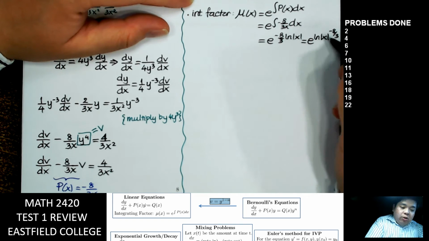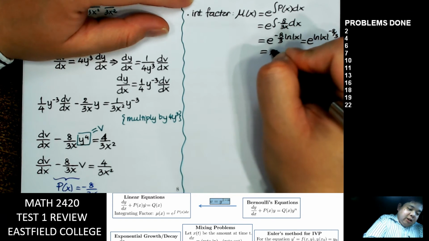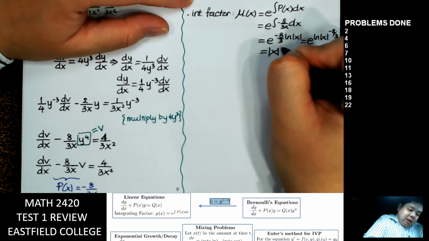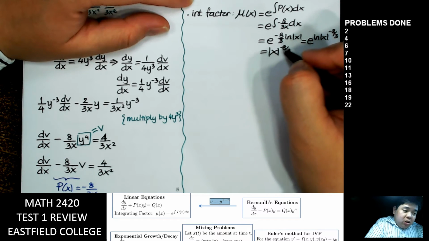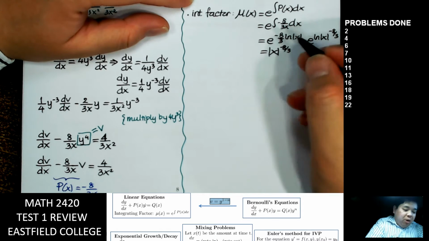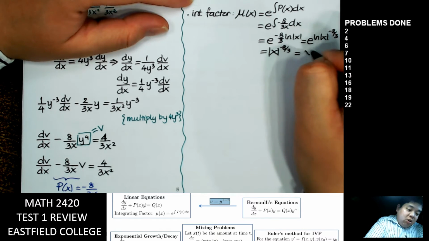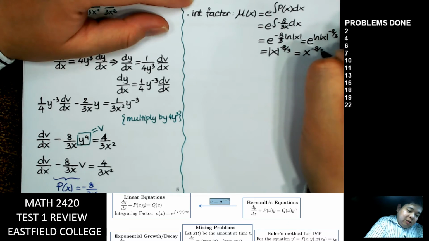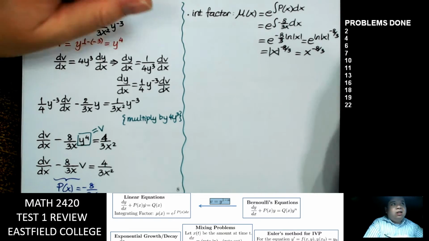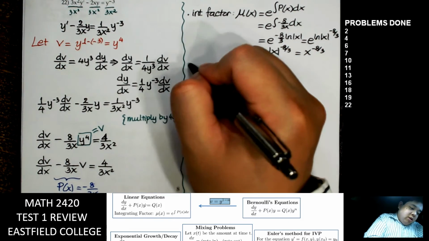The e and ln cancel, leaving x to the negative 8 over 3. Note that since the top number is even, the absolute value is not needed, so we just have that. We can multiply that on both sides.